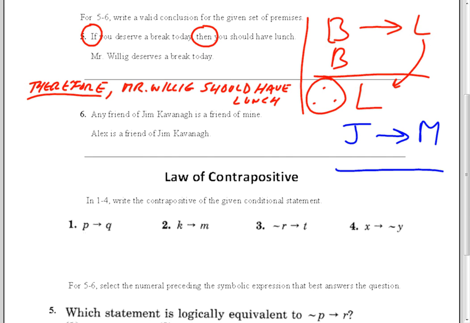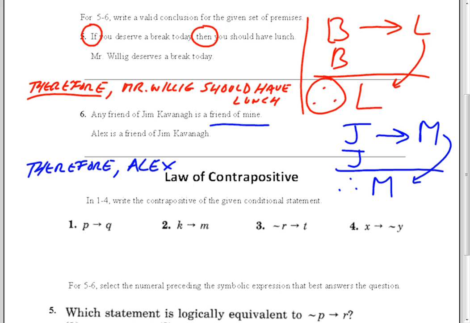Alex is a friend of Jim. So I've got my detachment pattern right in front of me. According to that, I should bring down the M. I called this phrase M. So I will write down, using the specific information in the premise, Alex is a friend of mine.